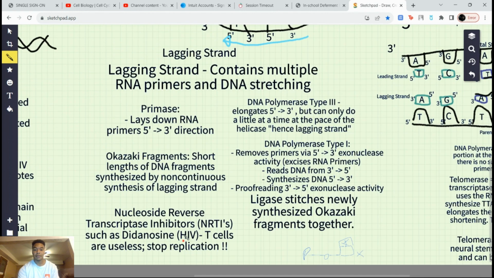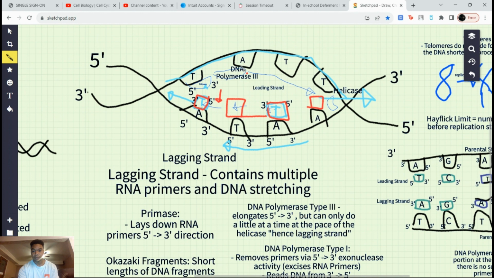And so instead of adding a DNA nucleotide with a 3' hydroxyl group on it, like see here how it has the 3', it's going to add one that only has the 5' and no hydroxyl group. Therefore, DNA polymerase cannot bind and cannot synthesize more or elongate the newly synthesized DNA sequence.